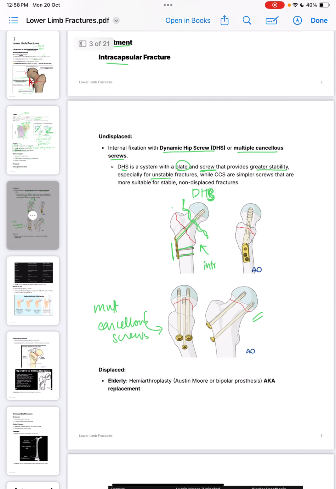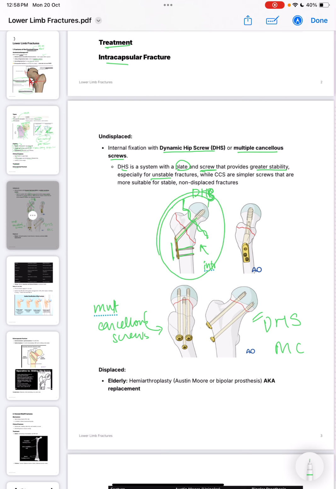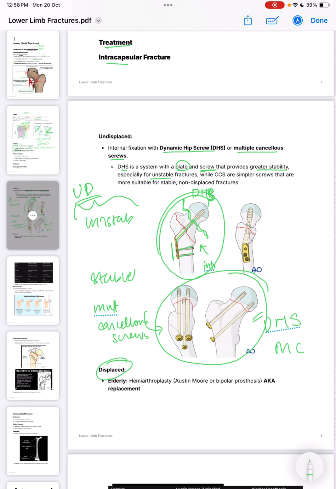So अगर undisplaced है तो हम ये दोनों dynamic hip screw यूज़ कर सकते हैं, एंड multiple cancellous screws, और ये हमारे पास ज़्यादा अगर unstable है, ठीक है, और ये तब है जब हमारे पास stable है. So this is unstable and this is stable, but remember both of these are undisplaced. Now what if it's displaced, right?